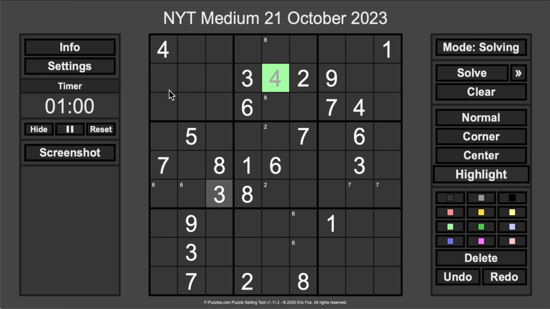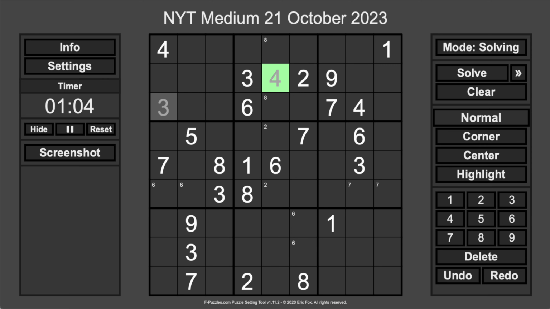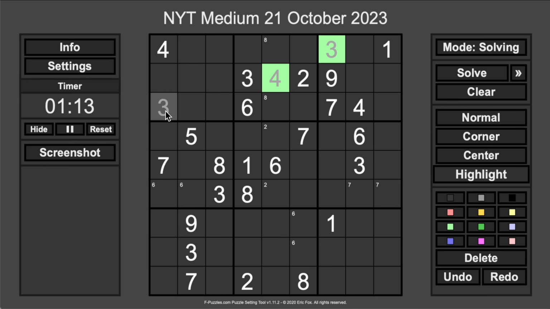This 3 and this 3 force one of these to be a 3, but not there. So 3 goes here. And now here, based on this 3 and that one, let's see, that's 3, 4, 5. This 3 and this 3 are going to force a 3 in the top, but not here.